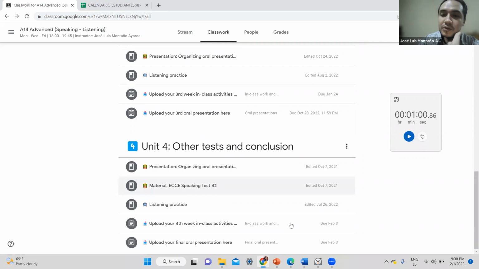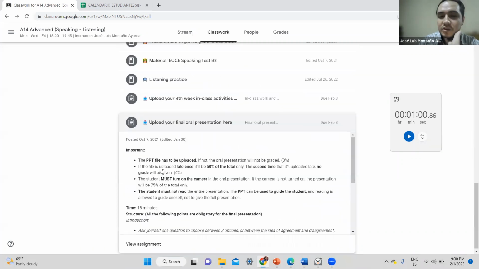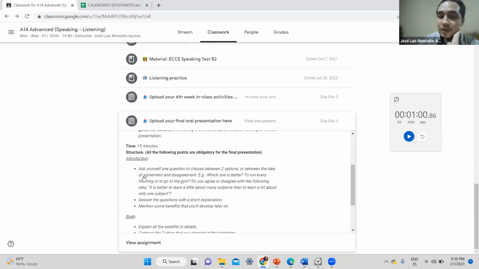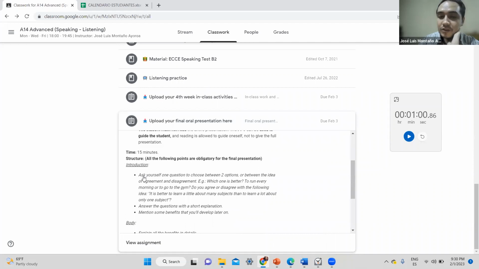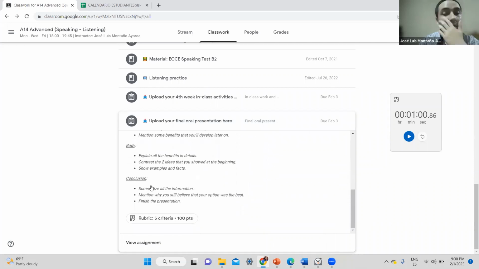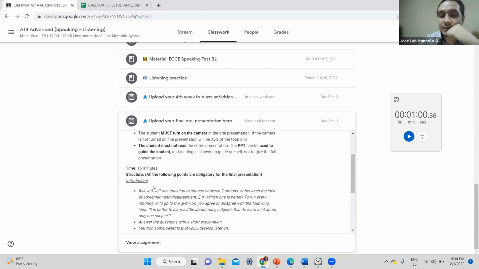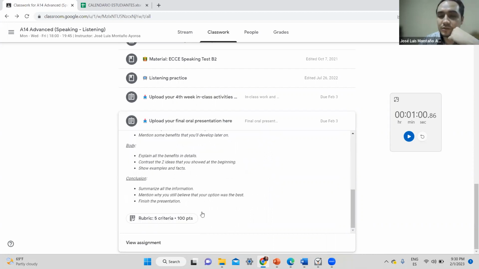You can upload your final oral presentation here, and here you have all the instructions, the structure in detail that you have to follow, 3 steps per section, and the rubric with all those criteria for you to take into account.